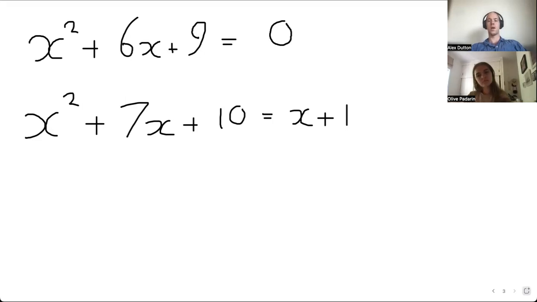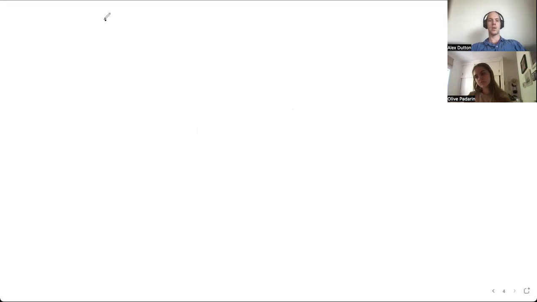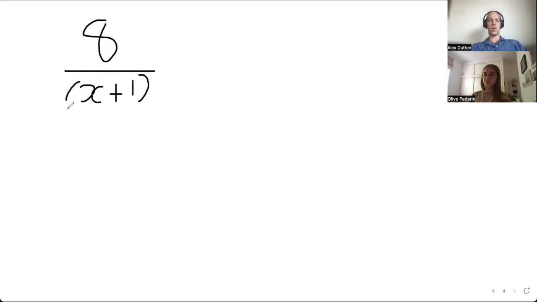Now, question 5, have you had a go at it yet? No, not a good one. Okay, so you want to have a go at trying to solve this one? Well, I just don't know how you simplify it. Yeah. So this does not look like a quadratic, does it?